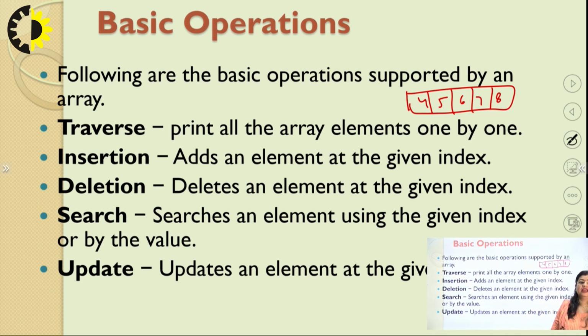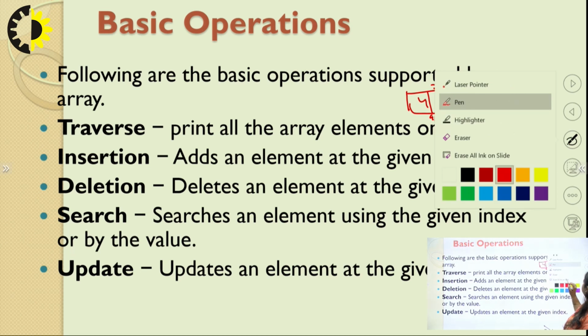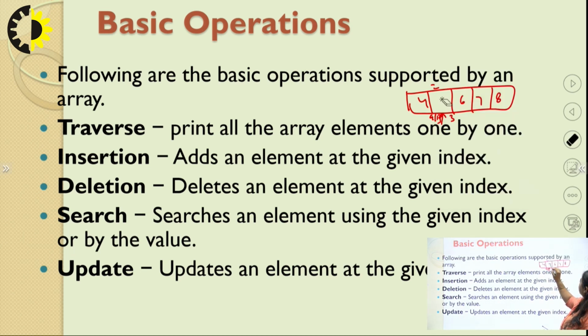Insertion means adding an element at a given index. For example, you can insert the value 3 at position 2, where the indexing value is 1. Deletion means deleting an element from a given index. You can delete an element from the array.